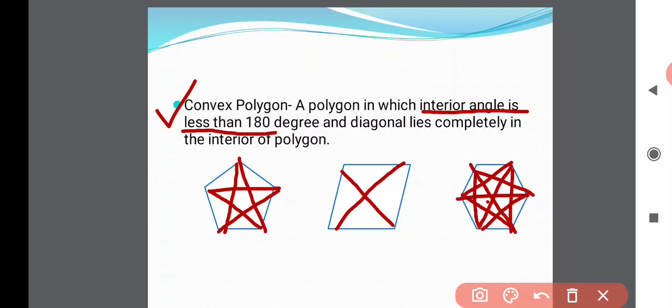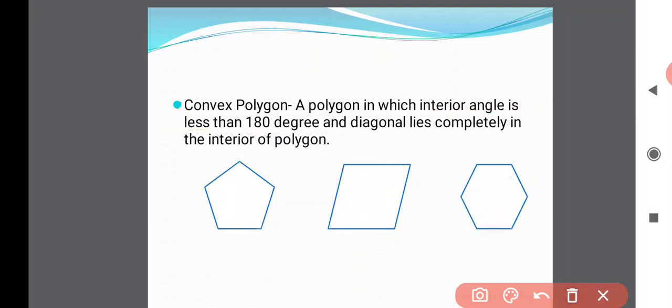So these are convex polygons. And we can also see all the interior angles; I don't know the exact measurement, but I can say the measurement will be less than 180 degrees. So two conditions are there. Number one, the interior angle should be less than 180 degrees, and second, the diagonal must lie completely in the interior of the polygon. Then that polygon is called a convex polygon.